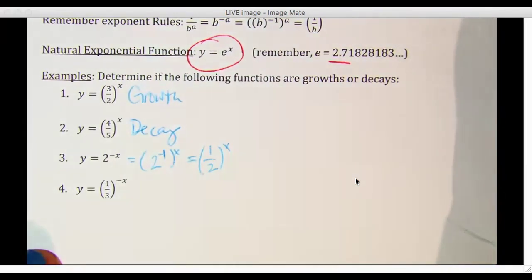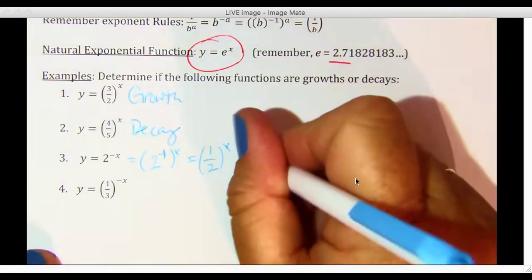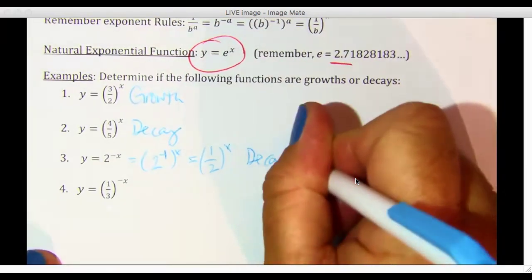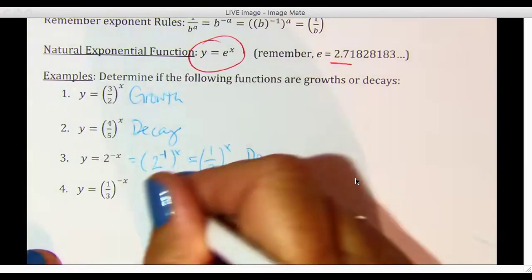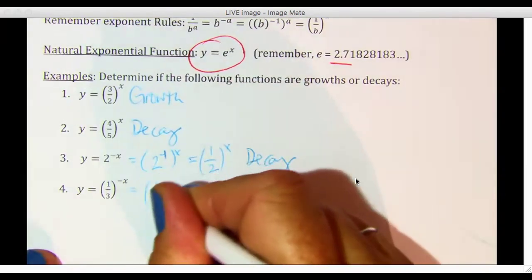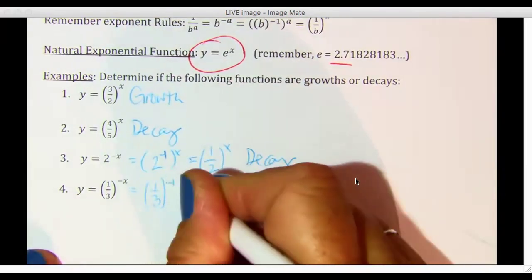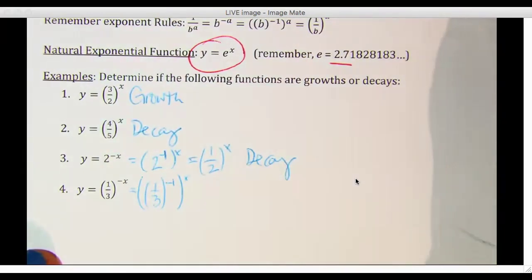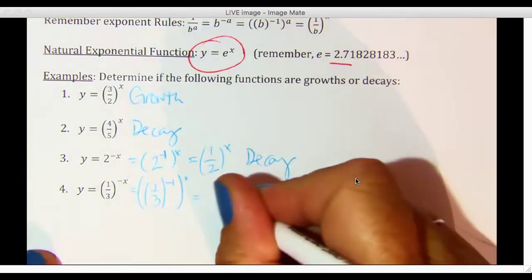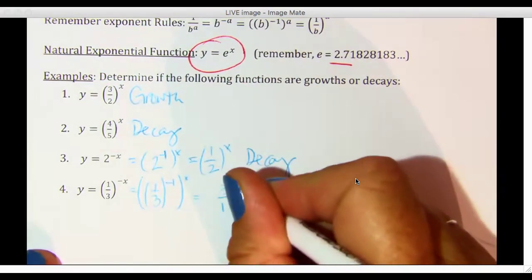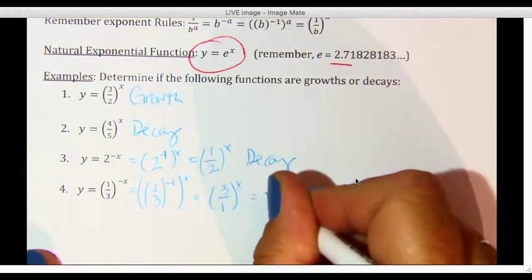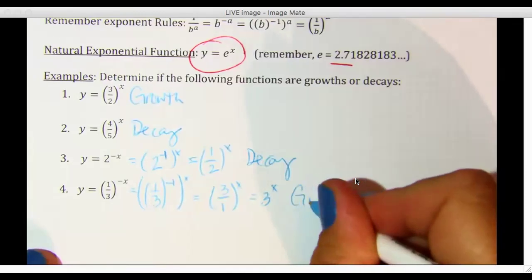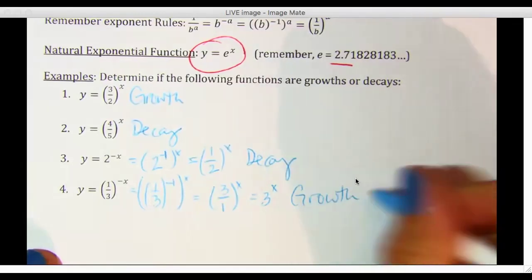And now we can see that that function is a decay. Similarly, here I have 1/3, and I can put that to the -1 power and then to the power of x. Well, 1/3 to the -1 would be 3/1, or 3. And 3 to the power of x is a growth function.